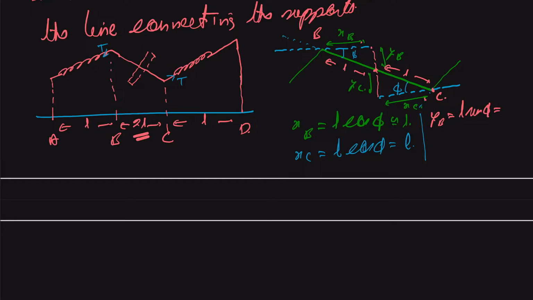This will be giving us L phi, and we have y of C will be equal to minus L sine of phi, that is minus L phi. So we are only interested in this y, because x is not so important to us.